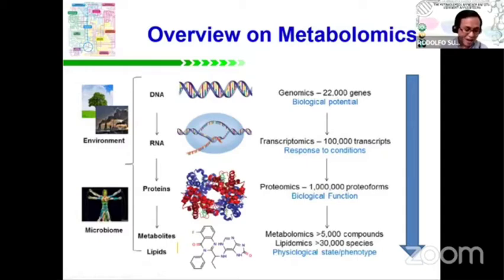In other words, the inventory of these thousands of metabolites in an organism can reflect the downstream activity of your genes, I'm referring to the genome, and the proteins, I'm referring to the proteome, and can also offer a high level of functional description that transcends pure genomics, transcriptomics, and proteomics.